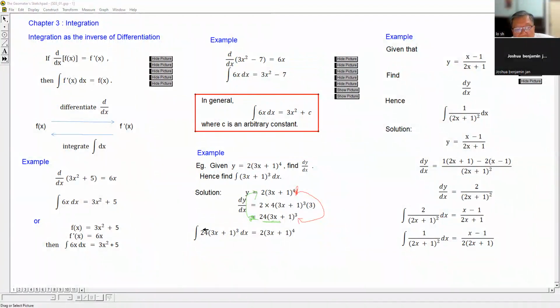They didn't say they want the 24 in front. So I must move this 24 to the other side. So the actual integration of this thing is 2 over 24, (3x plus 1) raised to the power 4. Is this okay?